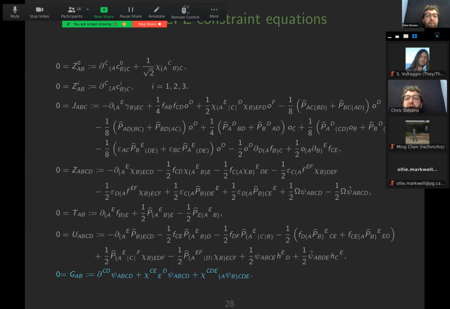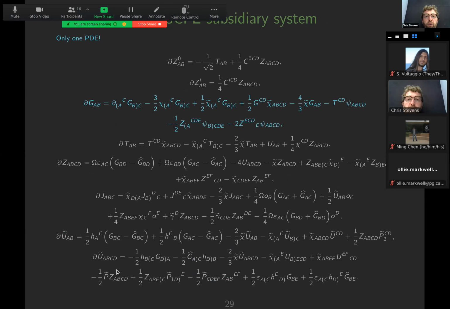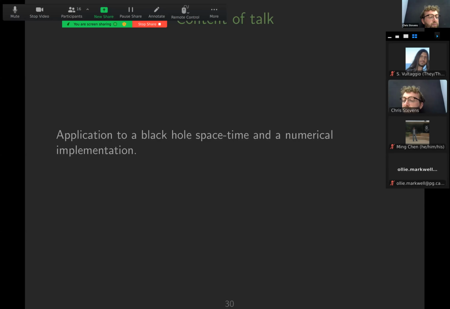These are in particular only involving spatial derivatives, and these must be satisfied on each time slice. Now, the reason why I highlight this one is because this is the very important one when it comes to imposing boundary conditions. So I'll just skip that.